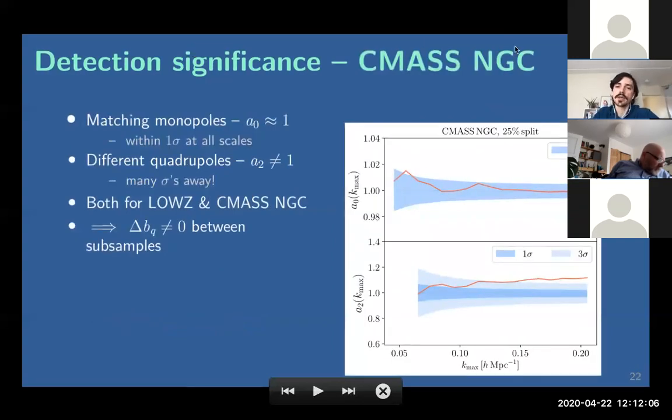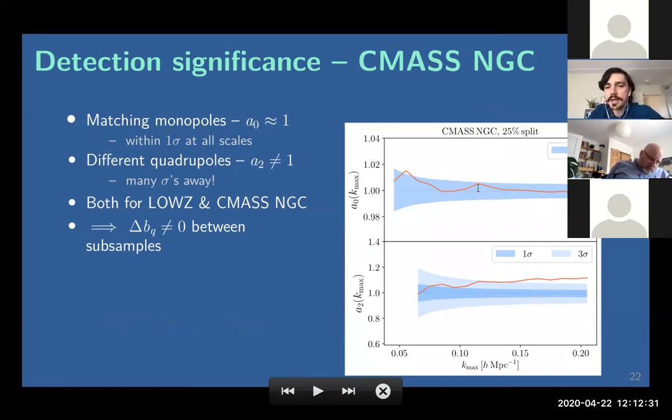So for CMASS, as we've seen before, the monopoles agree very well, basically independent of which scale you go to. So the shaded area are the mock contours. So this is roughly how much mocks vary for these A0 things. So it should be 1 if you have matching monopoles.